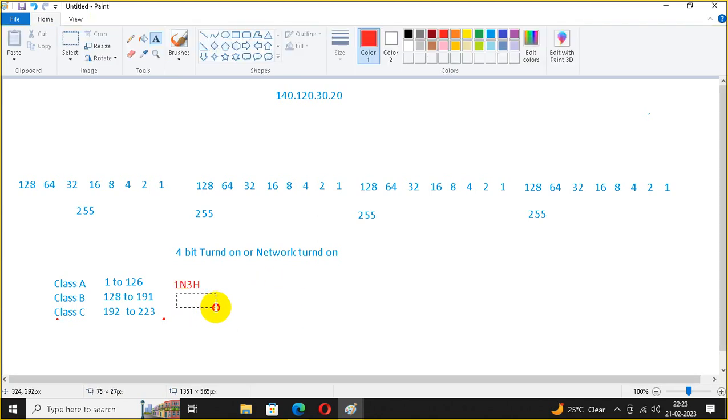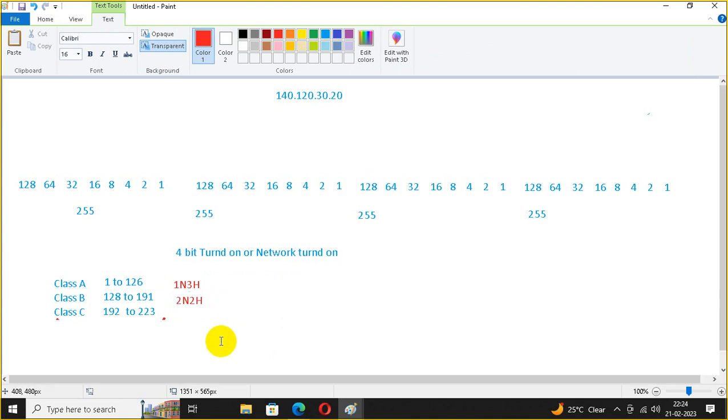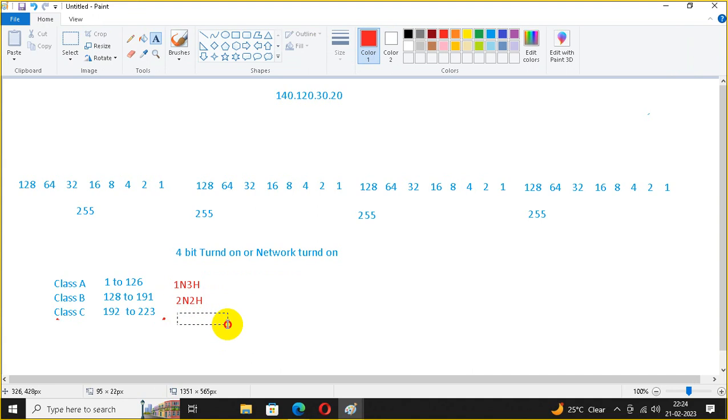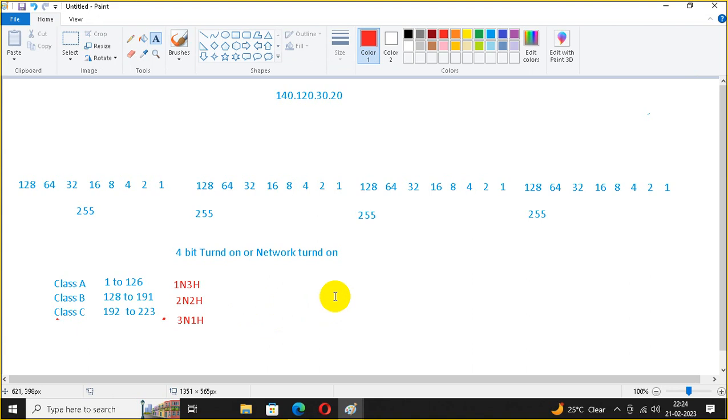Class B, it's 2 network and 2 host. Class C is 3 network and 3 host. Sorry, I'm wrong. 3 network and 1 host. So why have they defined the structure? Simple. After some time you will understand why they defined this structure.